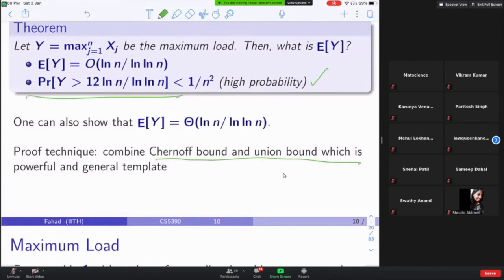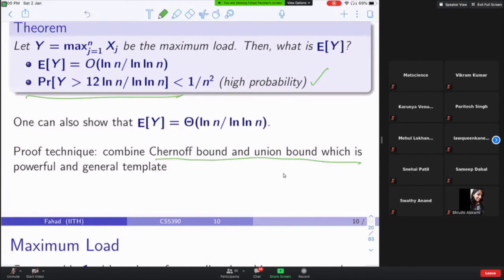Sorry to say, what we have seen earlier is not a union bound. It is just simply writing a term in expectation and then upper bounding some of the terms. That's it. So to prove this one, we will use Chernoff bound and union bound.